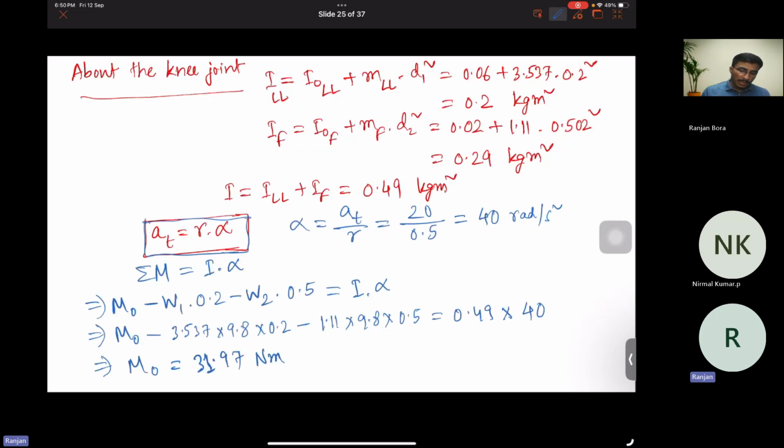So this much moment needs to be produced by the knee muscles for getting this angular acceleration of 40 radian per second square. I hope it is clear to you.